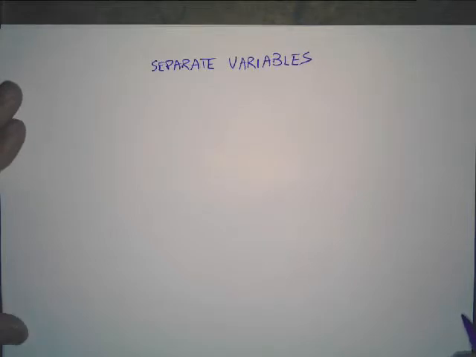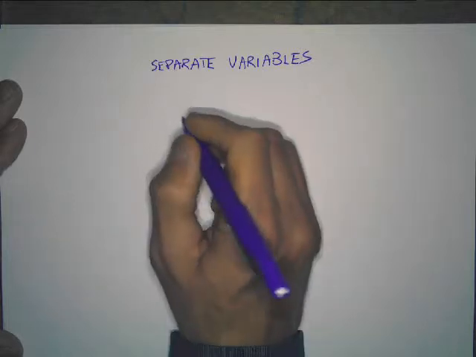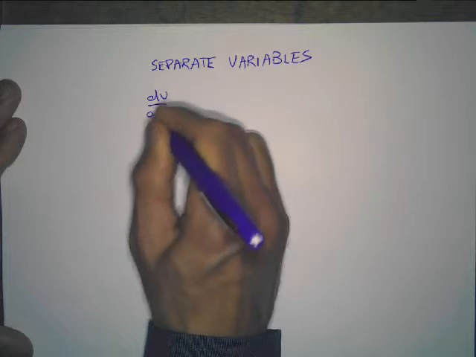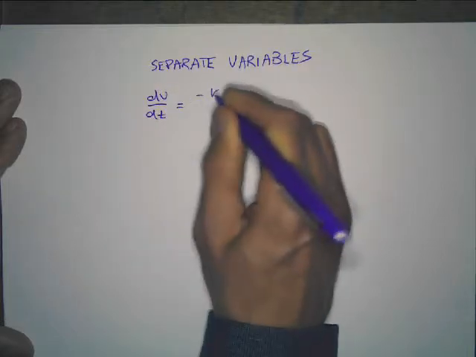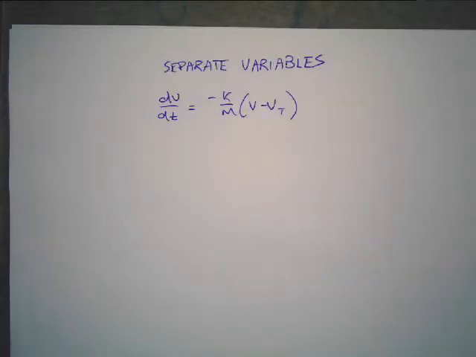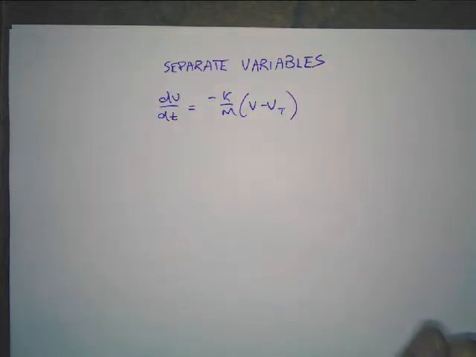And we've kind of already separated them. But let me write it again. dv dt. I'm going to flip the two sides around. So my derivative is on the left side. My other stuff is on the right side.